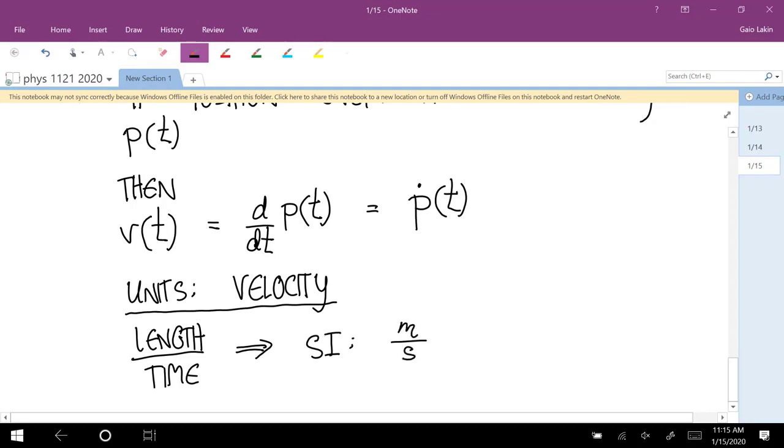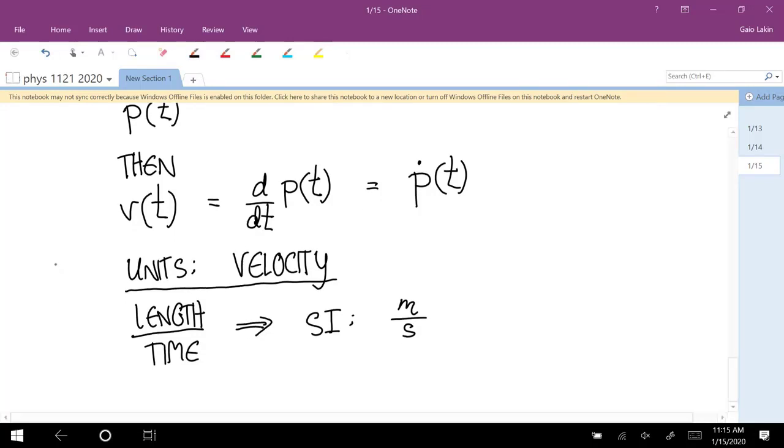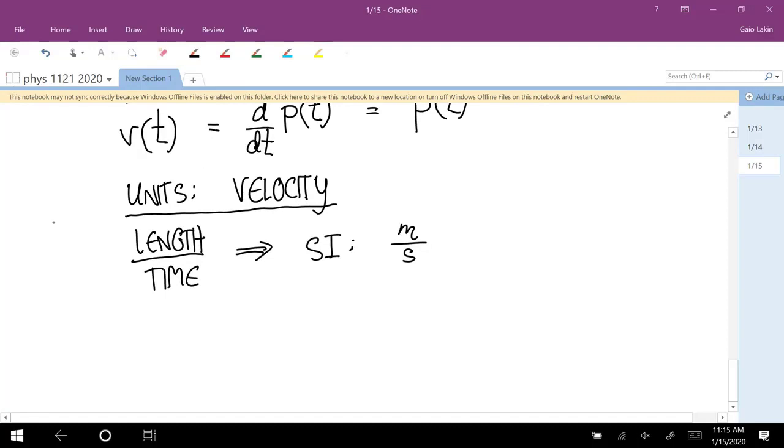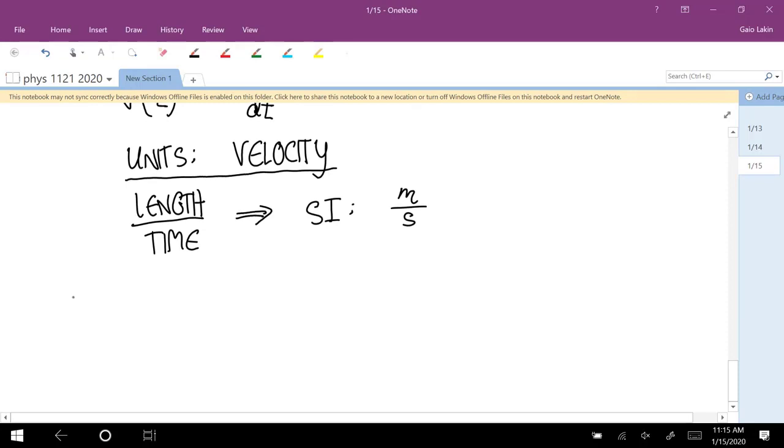Like miles per hour is what we're most used to thinking of, but in SI units, meters per second. And here's some things to notice about the instantaneous velocity.